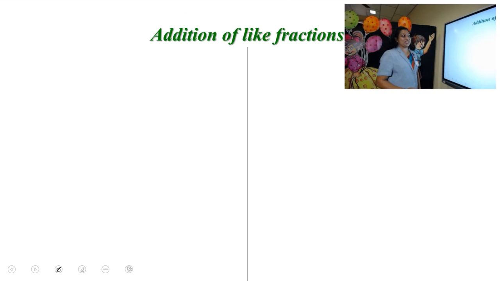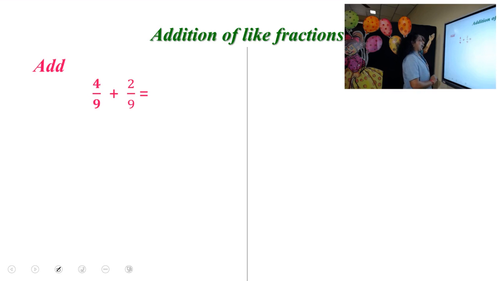Next, let's pass on to the next portion. Addition of like fractions. We know what a like fraction is. Like fractions means all the denominators are the same. So let's look. Add 4 by 9 plus 2 by 9. When we have fractions to add, if the denominators are the same, there is no change in the denominator. Write the denominator as such and add the numerators. That is 4 plus 2 by 9.